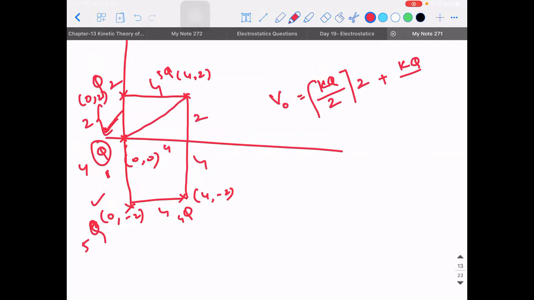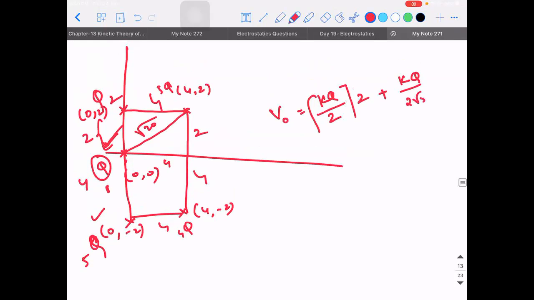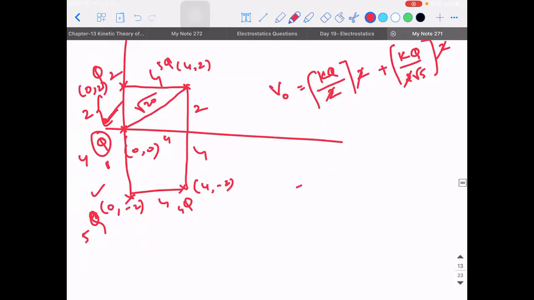Either 4, either 2. So how much is this? Root of 20. That is 2 root 5. So KQ divided by 2 root 5 into 2. Did you guys understand how I wrote that expression? KQ into root 5 plus 1 by root 5 is the value of V naught.